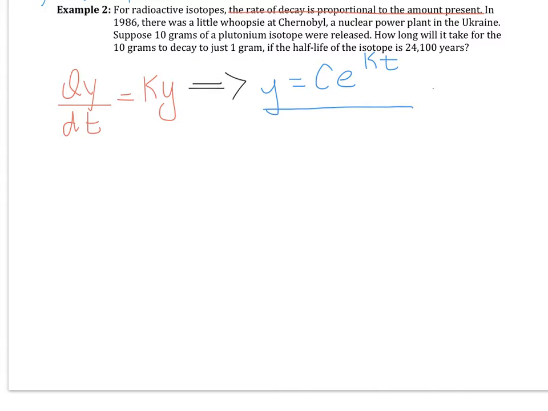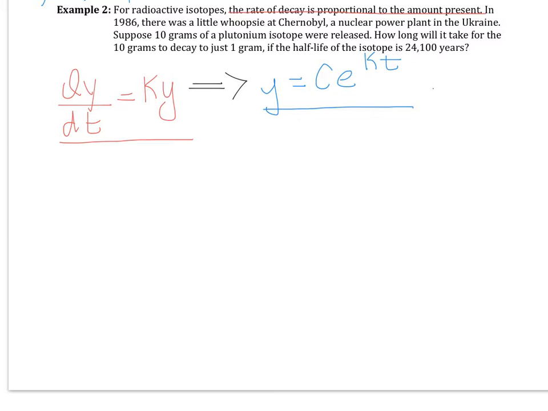So we need to solve this differential equation. You can always start from scratch, but if we know that this differential equation goes to the solution in blue, you can save yourself some time.